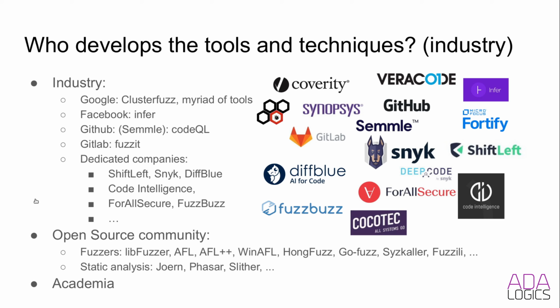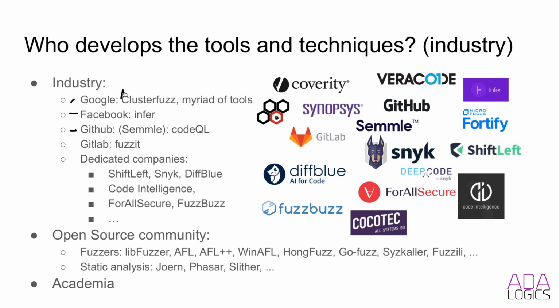So who does actually develop these techniques in terms of automated vulnerability analysis? We have all of the major technology behemoths, such as Google, Facebook, GitHub, Microsoft as well, and they all have a lot of different tools in each of these components, in terms of static and dynamic analysis techniques.